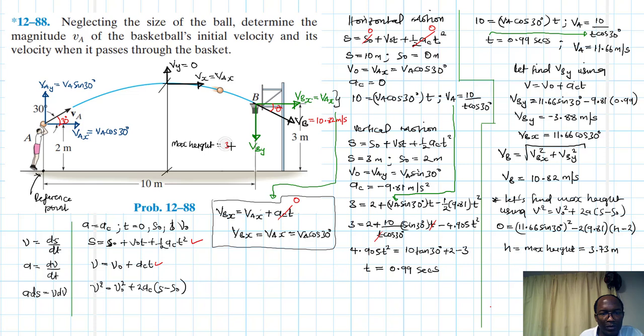So this maximum height is 3.73 meters. Alright, I think this is about it.